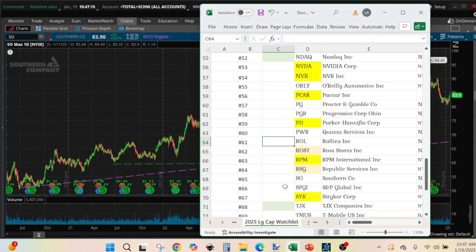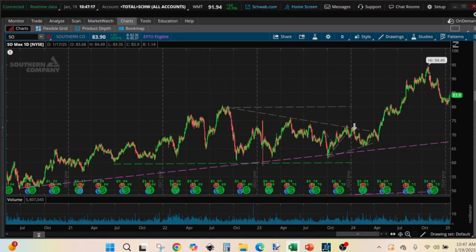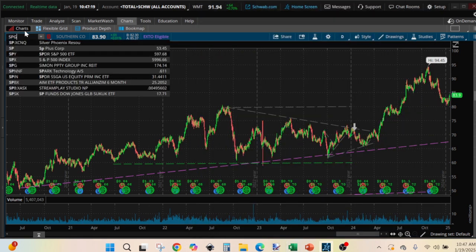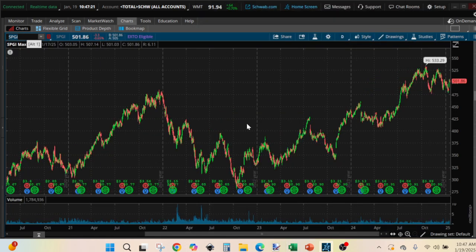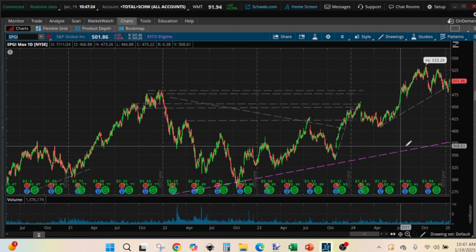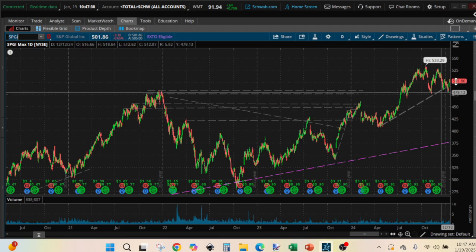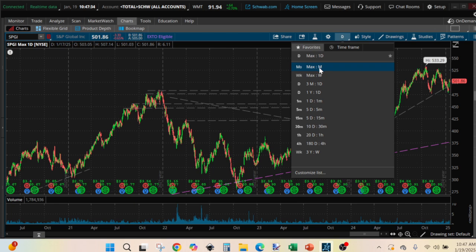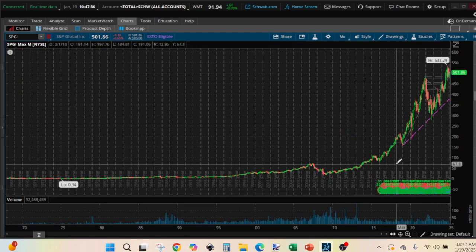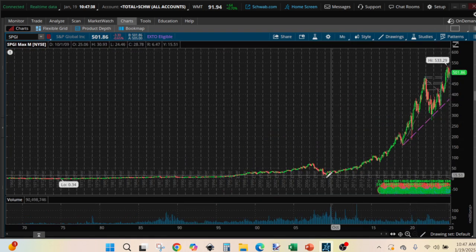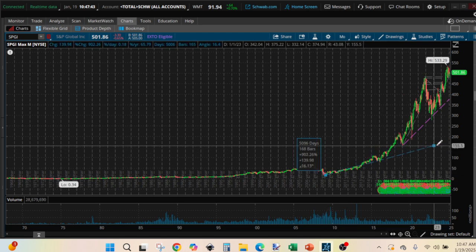The next one is SPGI. So SPGI, we have this one that we like to buy at, and right now it is going up. So we can go to the maximum monthly chart to see. That's the only one that we trace. So let's see if we'll be able to trace a single one.